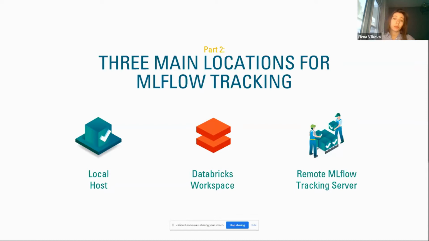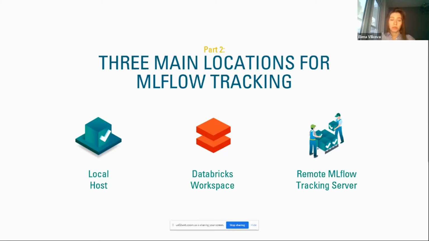And the third topic is the remote MLflow tracking server. I think that's the best option for a production environment, where you have an MLflow tracking server with a configured backend store and artifact store, and you know for sure it is a secure place where your models will be stored, and all team members will have access to it. You can run this server by yourself, so you make sure that it's responding all the time, and you can access your model anytime.